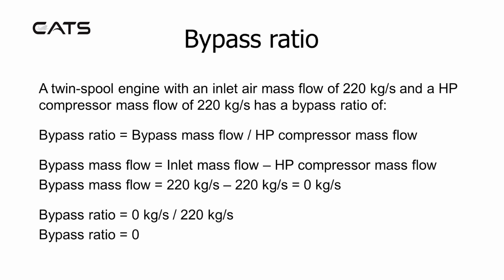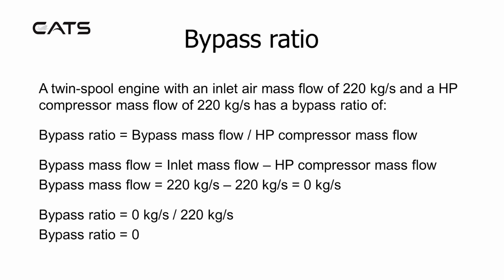The bypass ratio equals bypass mass flow divided by high pressure compressor mass flow, and bypass mass flow equals inlet mass flow. The inlet mass flow is 220 kilograms per second, and from this, you subtract 220 kilograms per second, which is the high pressure compressor mass flow, giving a result of 0 kilograms per second for the bypass mass flow.